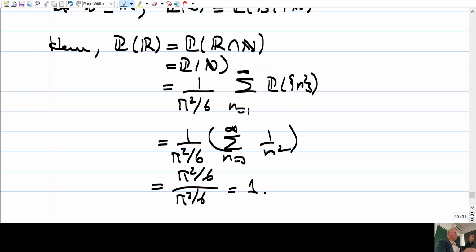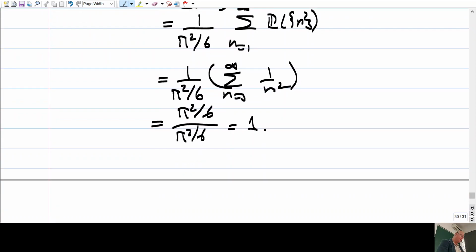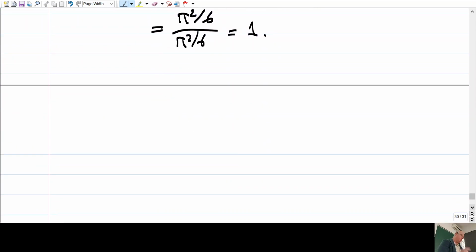You just look at the integers contained in that set. For each integer, you take 1 over n squared, you sum them up and divide that number by pi squared over 6, so that the total space has measure 1. This is an example of a discrete probability space.